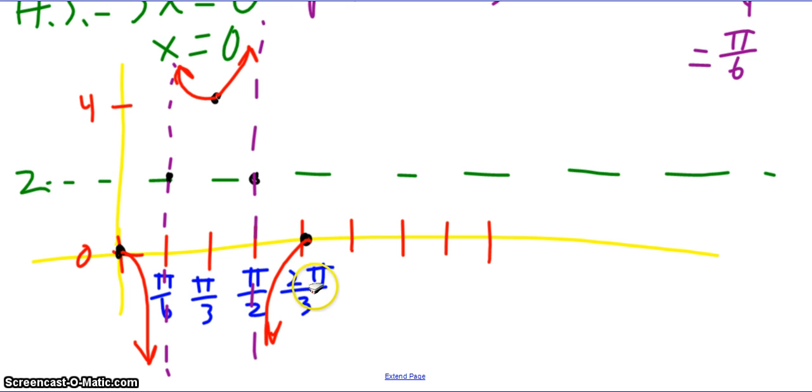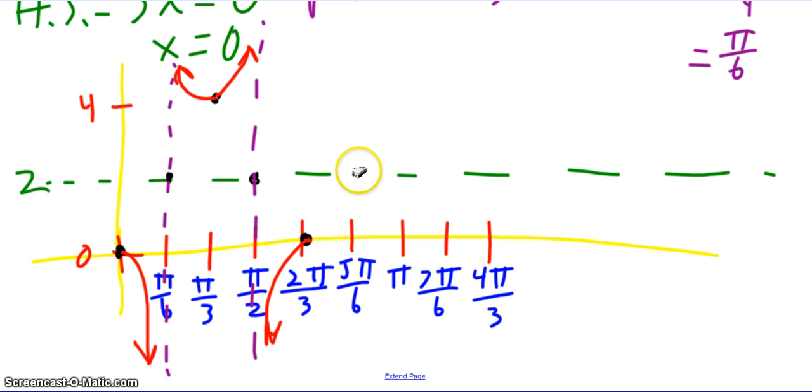So if this was 2 pi thirds, then we are going to have 5 pi 6, pi, 7 pi 6, and then 4 pi thirds, and I can continue on with the pattern for cosine.